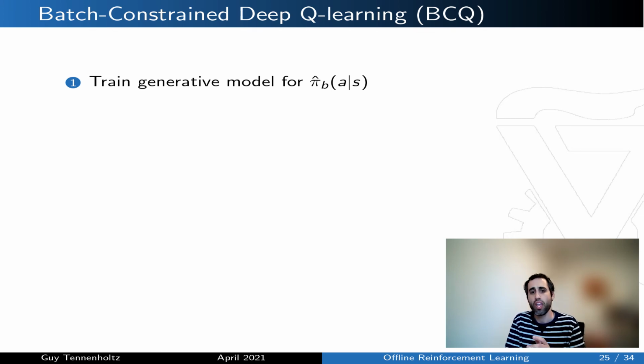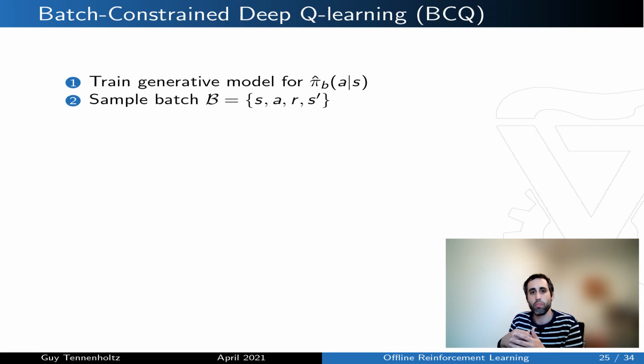So the first step would be to, using the data, train some kind of generative model of the behavioral policy in the data. This could be a variational autoencoder, which basically maximizes the likelihood of the actions in the data and tries to mimic the behavioral policy in the data. So now we have a generative model for the behavioral policy.